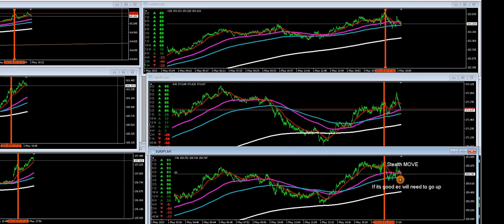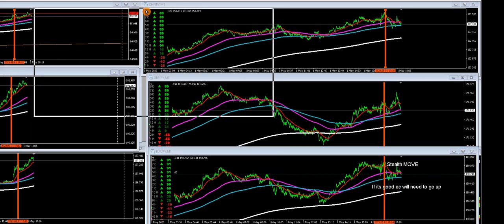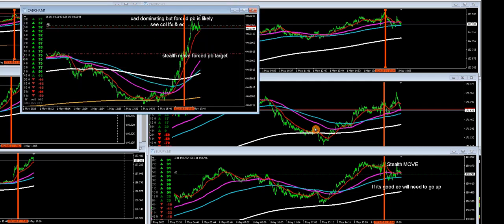Now, this should rise, as it has no other way to go. If they want to pay the euros here, the sellers, then we've got a high of the day in LFX, and CAD continues dominating.